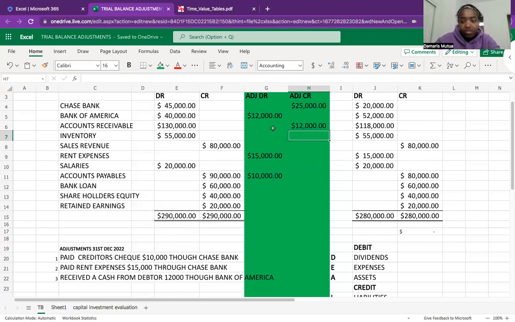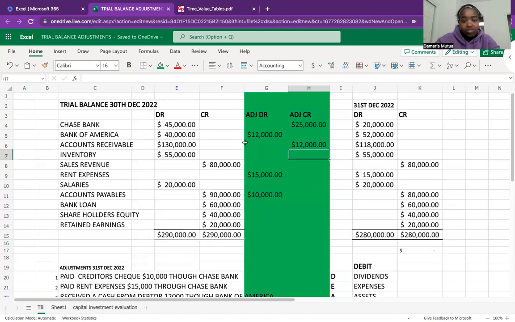So we've adjusted all our three transactions, and these are our ending balances. So this was the position on 30th of December. We've adjusted some transactions that happened a day before the end of the month.